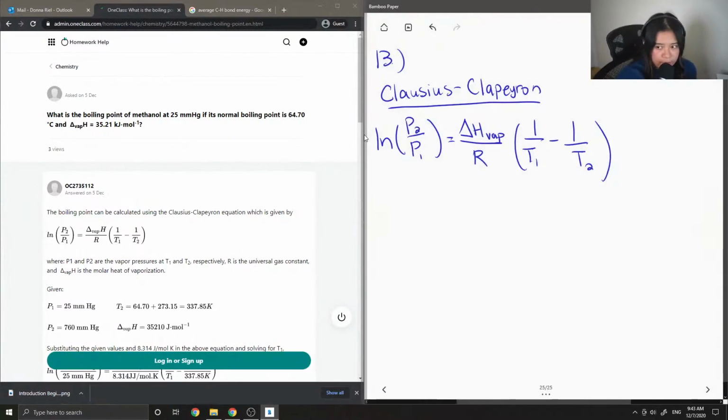So the value of R is the ideal gas constant, which is 8.314 joules over moles times Kelvin.